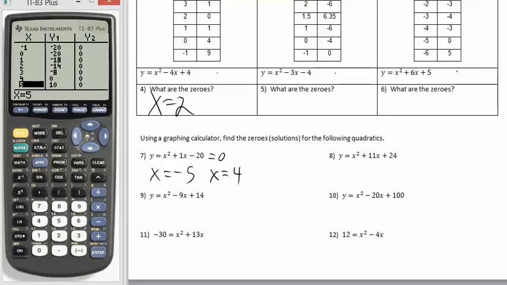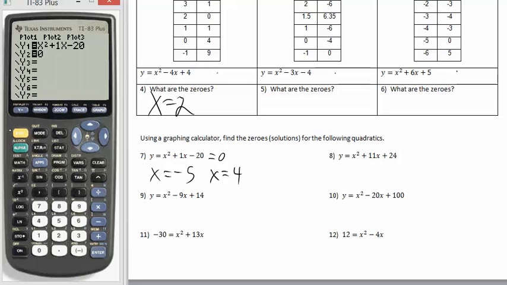Now just a little point: all the ones that I'm going to do on this page come out evenly. If they don't come out evenly, there's something else you need to do, which I'll show you later on when that comes up. There is a way to do it from the graph to be able to tell exactly where those values are, and we'll do that a little later on.